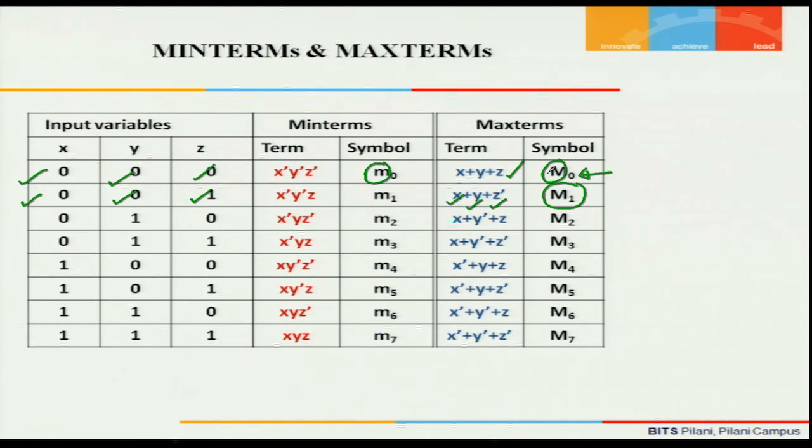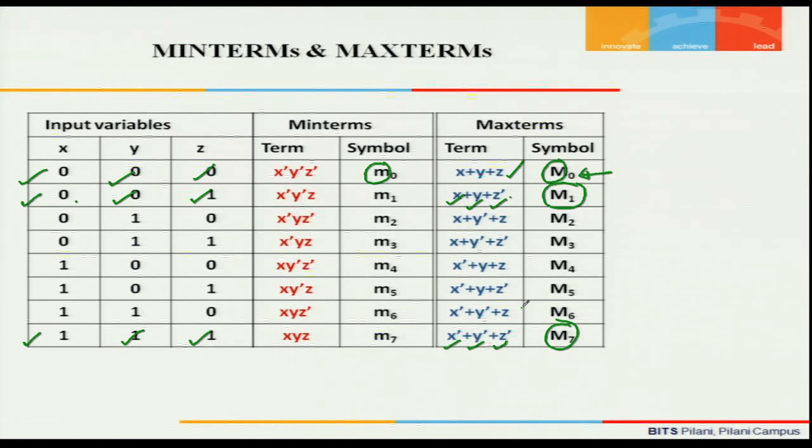For example, x is 0, y is 0, so we represented x plus y. Since z is 1, we represented it as z bar. So, we could write all the other terms. For example, if you take x equal to 1, y equal to 1, z equal to 1, what we get here is x bar plus y bar plus z bar, max term M7.